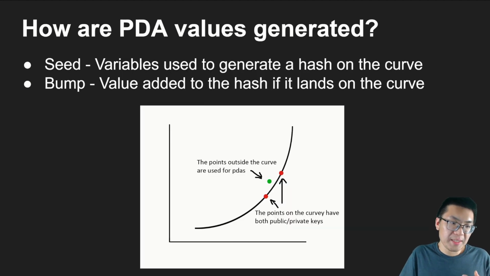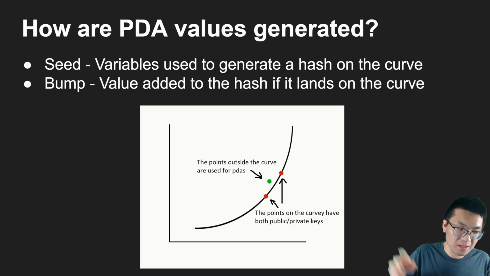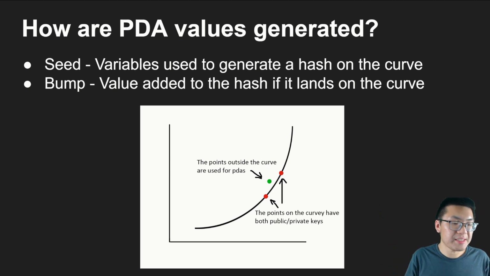And so how are PDAs represented? We talked a bit more about this in the previous video, but you see the curved line over here. Any dot, think of them as public keys, that fits on that line is a valid wallet. Essentially, it has a public and private key. Any dot that's not on the line is not a public key. It is a PDA.